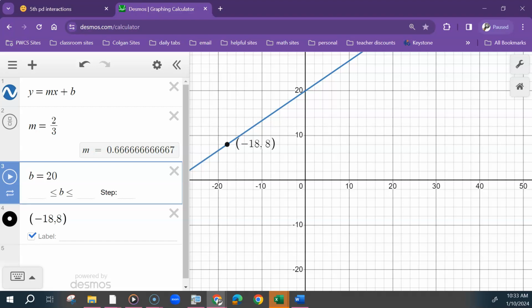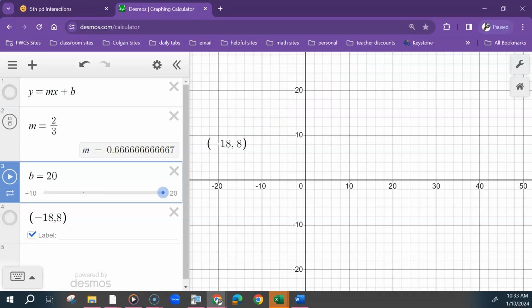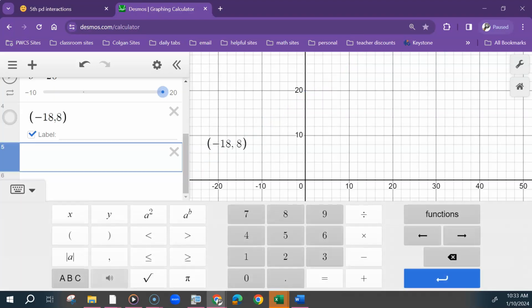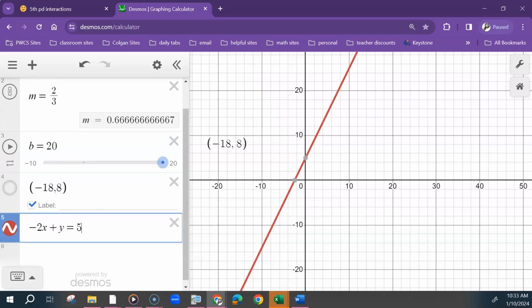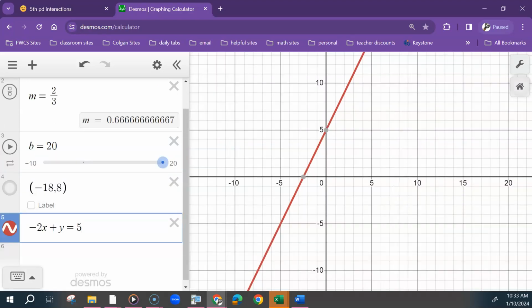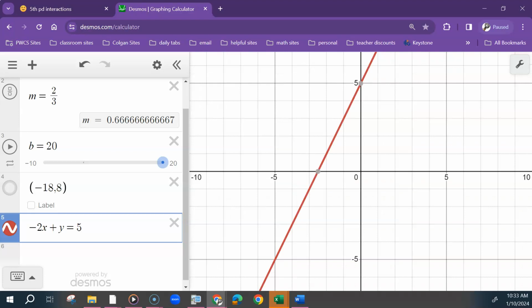Number 3, if I type in the equation that was given, negative 2x plus y equals 5, because we're solving for y and what we're looking for is going to end up in our y equals mx plus b format, I can look at what my y-intercept is and find what my slope is.